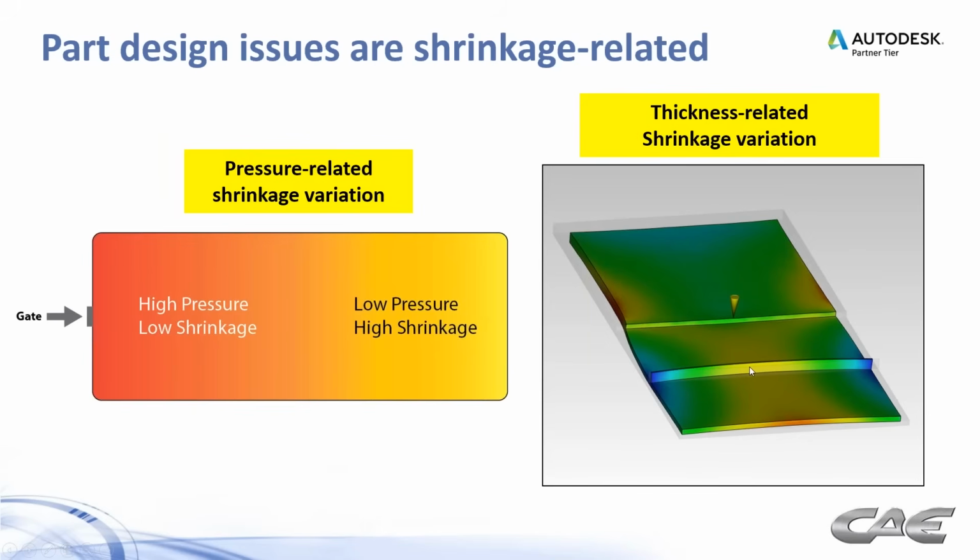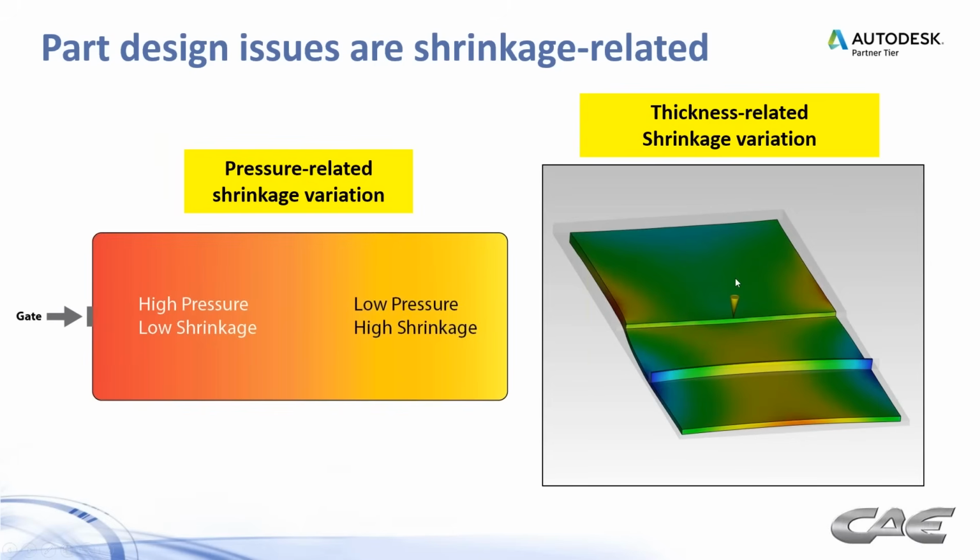You can use this information to your advantage to help you design a part that, A, reduces the shrinkage variation among the different areas of the part, and B, helps you design ribbing structures that can either induce warpage to counteract opposite warpage, or eliminate ribs to counteract warpage that the ribs are causing.